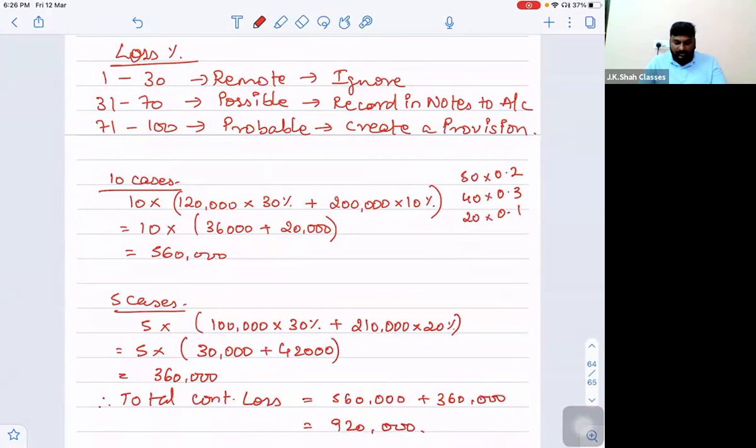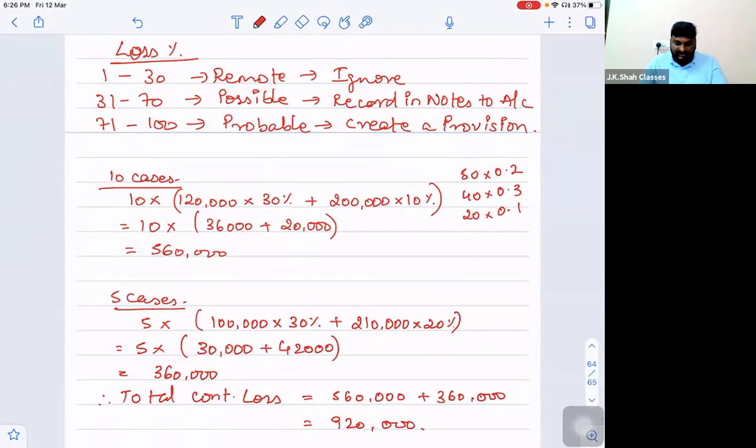So what we do is multiply all these and find out one middle figure. So that is what we have done over here. Got it. Yeah. Because there are 2 chances. You can either land up paying 1,20,000 or you can land up paying 2 lakh. So let us take the chances of it. And 60% balance is what? If you win the case, 0.